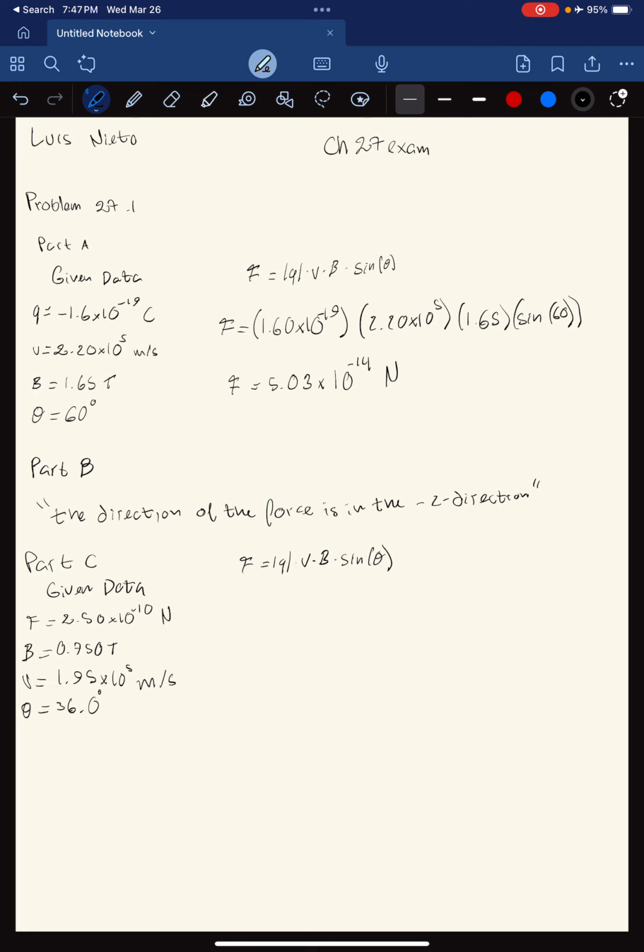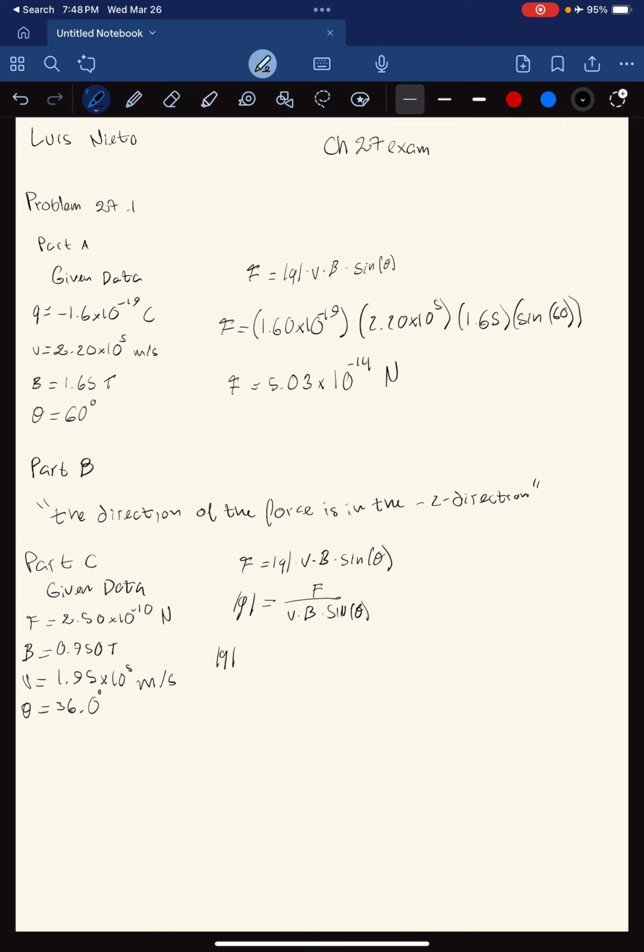All right, and we need to get the absolute charge. So we pass those to the other side, and we leave this. Perfect.